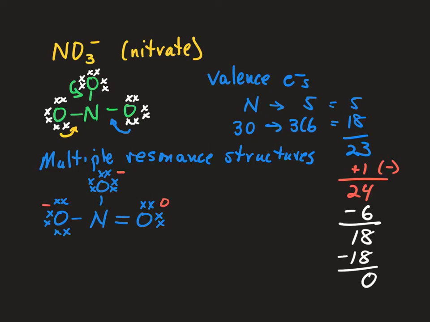And the formal charge on the central nitrogen is positive. So in this case, everything has an octet, but 3 of our 4 atoms have formal charges.